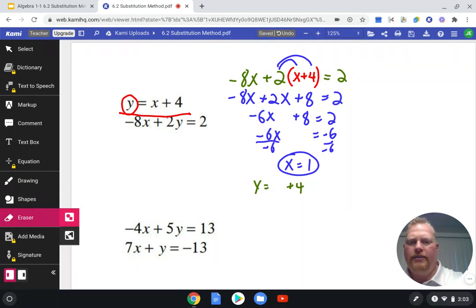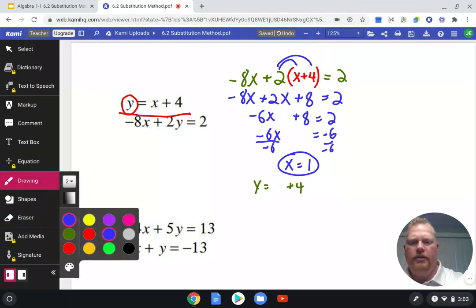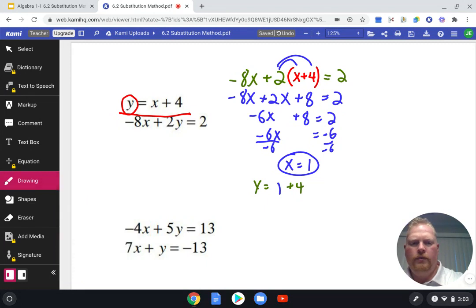I'm going to take out x, and in its place, I'm going to put that 1. So now I've got y equals 1 plus 4. Well, that's just 5. So my final answer there is x comma y, so 1 comma 5. That's my final answer.